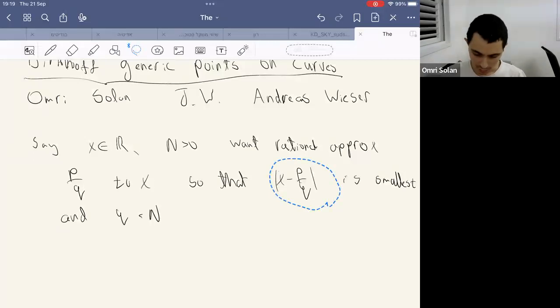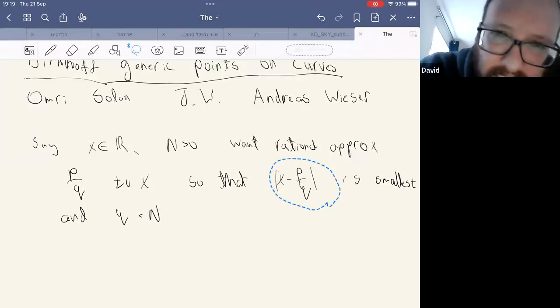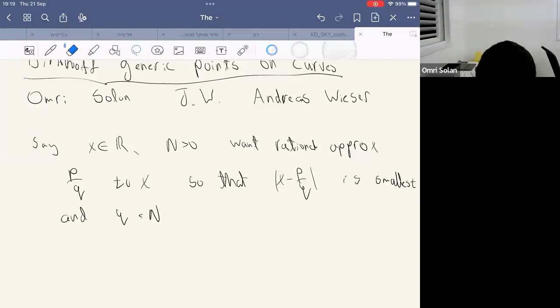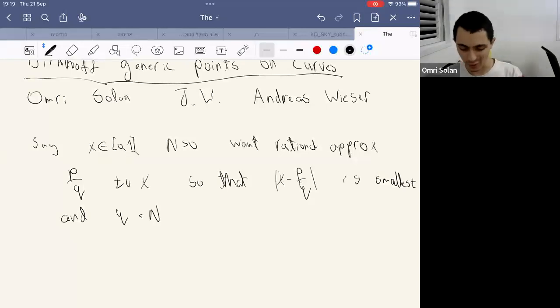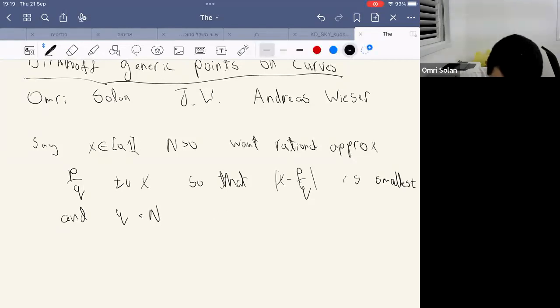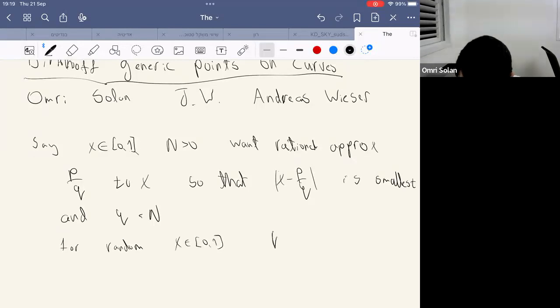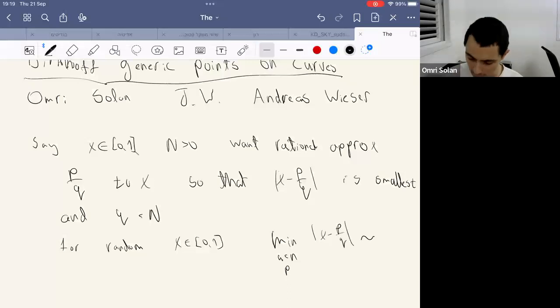So how small can we make it? In general, for random x, say x inside [0, 1], for x chosen at random in [0, 1], this minimum over q less than n and p of |x minus p over q| is roughly 1 over n squared.